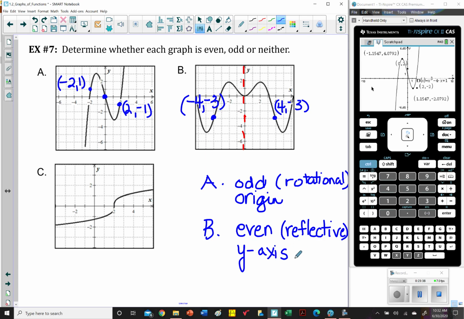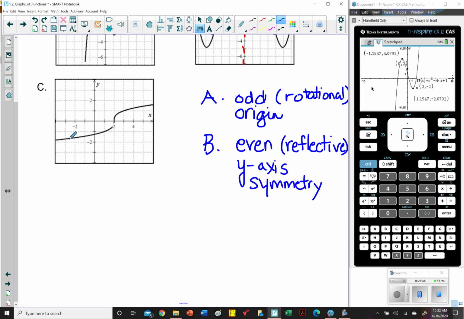So lots of vocab that we can use to explain, analyze, or talk about a graph. And in this case, I think that looks like neither. How about you? What do you think? Neither odd nor even. Now it does have some rotational symmetry right here around that point, 2, 0, because you see it's just 1 up and 1 down, but it's not even or odd.